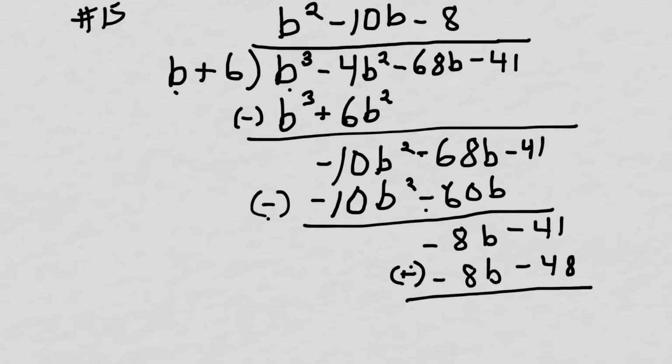All right, so the 8b is going to go away. I've got negative 41 minus negative 48, which is add 48. That leaves us with 7. All right, so our answer is going to be b squared minus 10b minus 8, remainder 7.